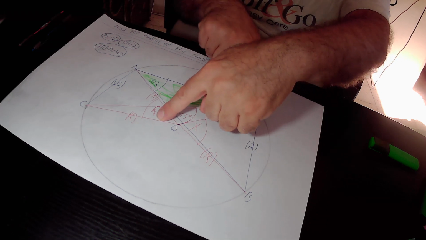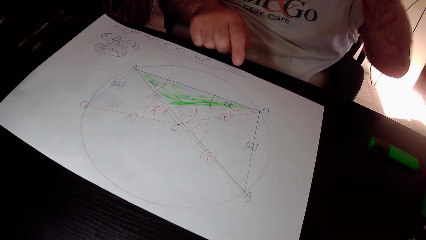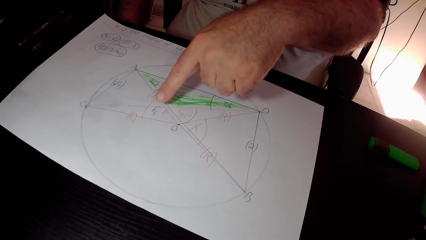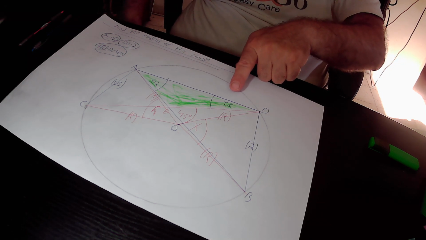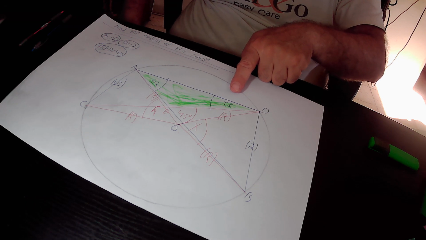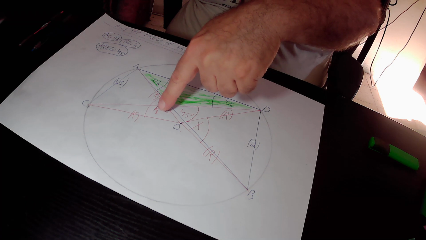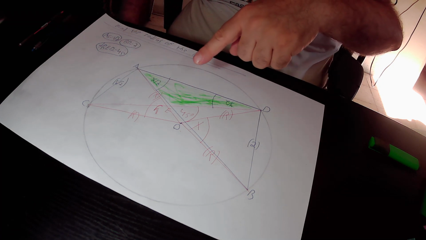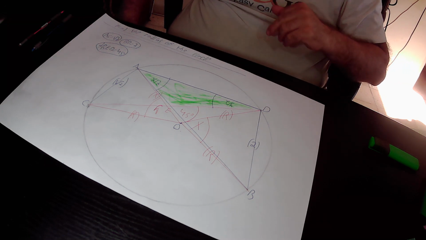So those two angles both subtend on the same chord CA, and therefore, according to rule 13, the size of central angle COA must be twice as large as peripheral angle CDA. The size of peripheral angle CDA is y over 2, and therefore the size of central angle COA will be y over 2 times 2, that is y.